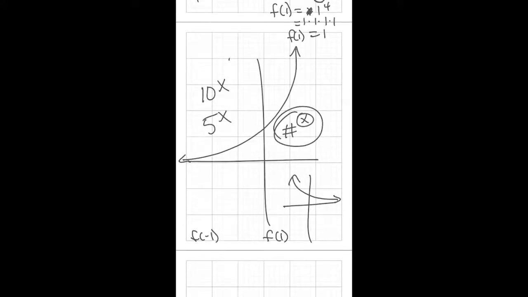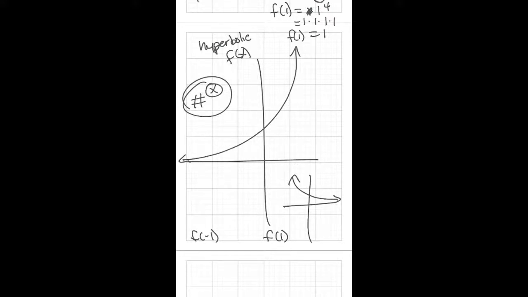These are hyperbolic functions, and they always feature some number to the x. Some examples of that would be like 5 to the x, 2 to the x, 10 to the x, whatever. Okay? That's one shape you'll notice on these.